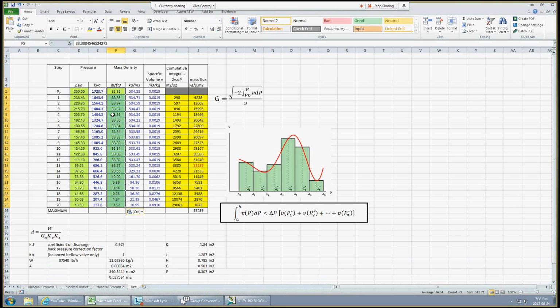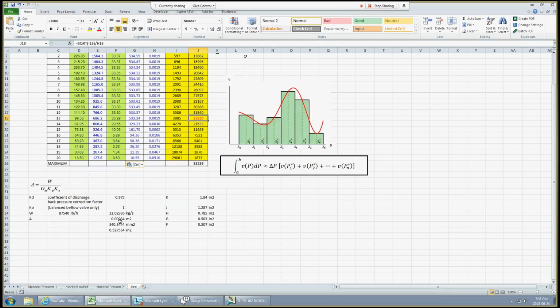So based on the mass density, the specific volume and mass fluxes are calculated, and we get the maximum flux of 33,239. If we put this maximum flux and having the mass flow rate, we can calculate the area of 0.53 square inch, which means we should select orifice H for this application.